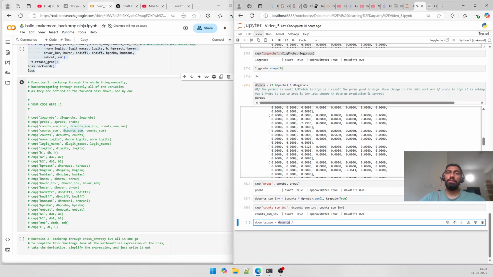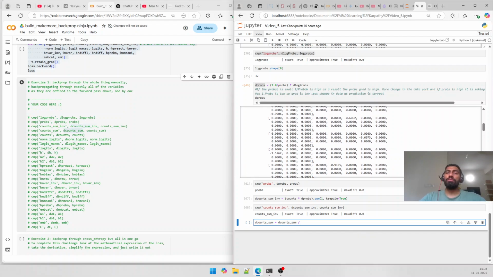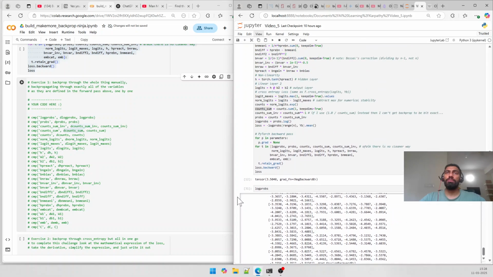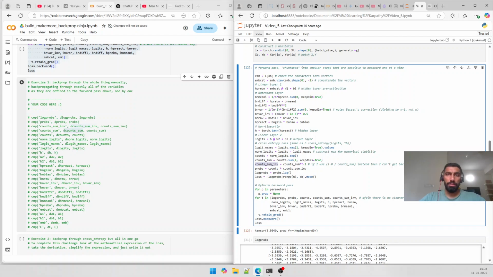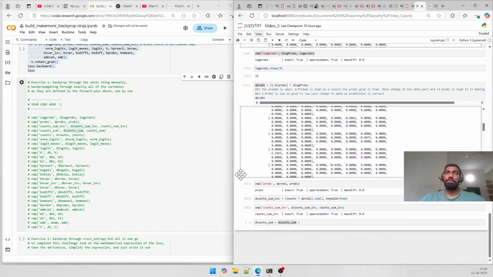These two are obviously a bit different, but I think you are able to understand what I'm trying to do here. If there is any doubt, please let me know. This with respect to this.